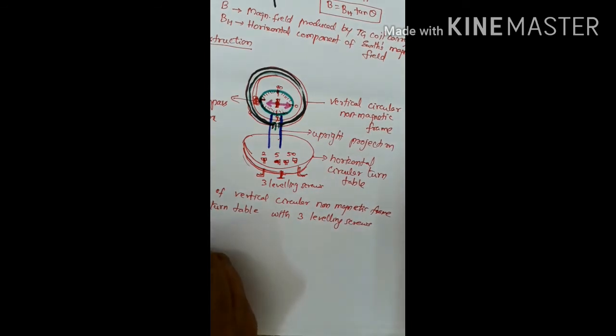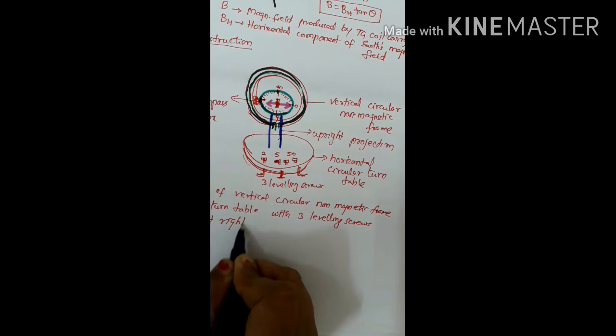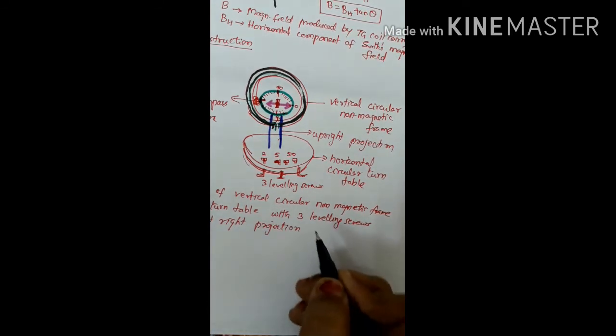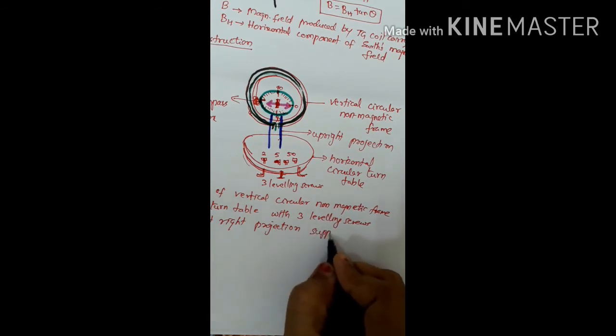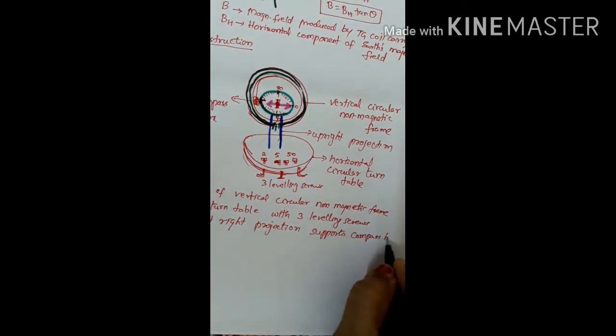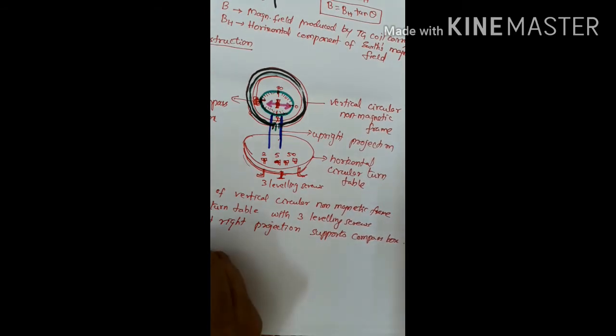And the third point is upright projection supports, what? Supports compass box. You want to write about compass box.